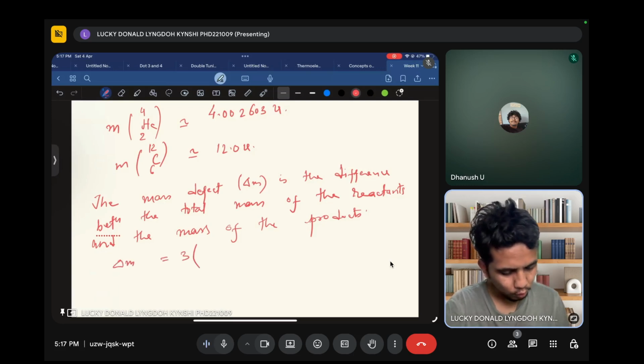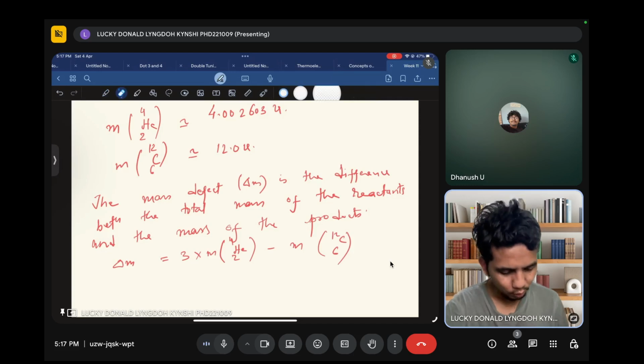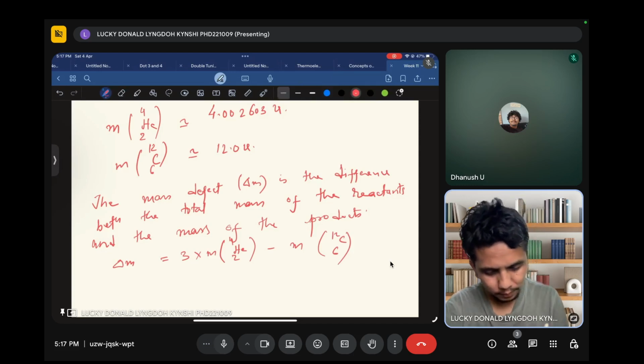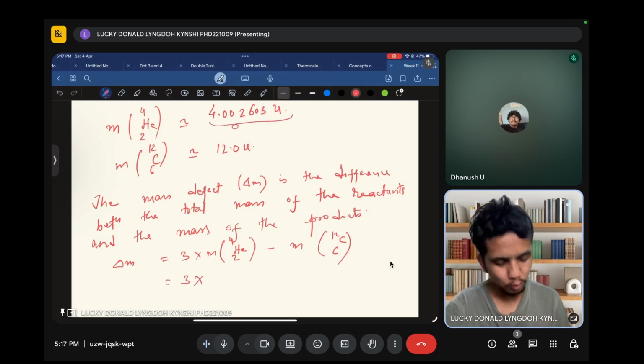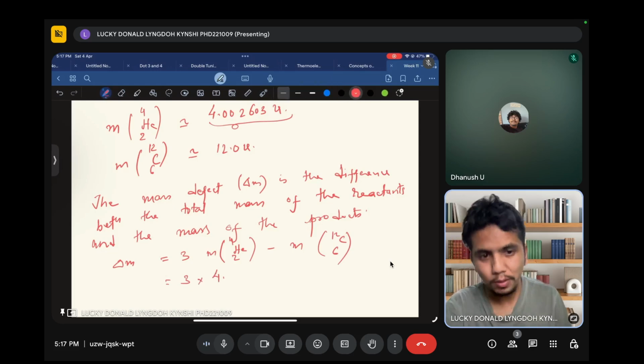Okay, so now the delta M will be equal to what? 3 into the mass of your helium-4, 3 of them, minus the mass of your carbon-12. So you substitute 3 times 4.002603, which is the mass for helium, minus the mass of the carbon, which is given as 12.0 U. I'll write a small x for multiplication, since it might be confusing with your elements.